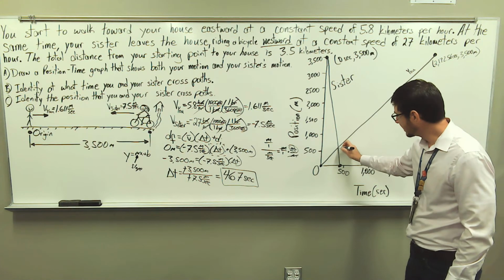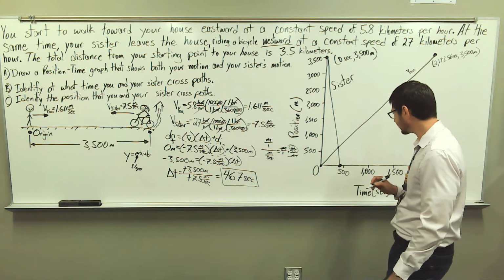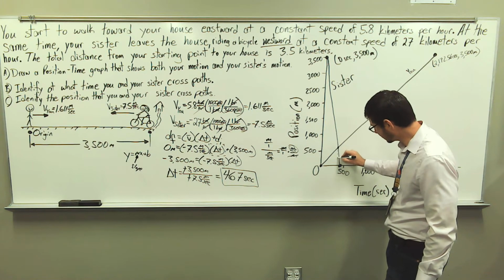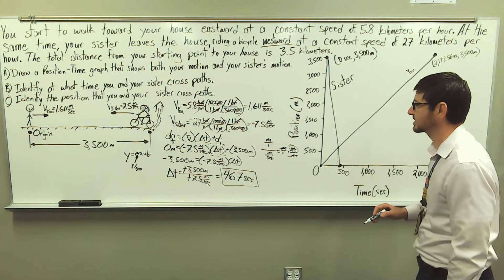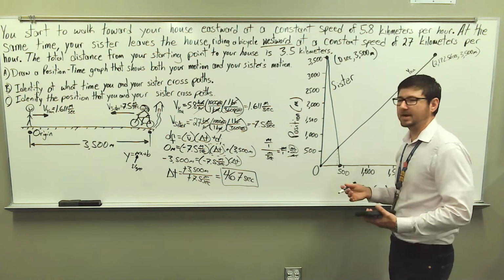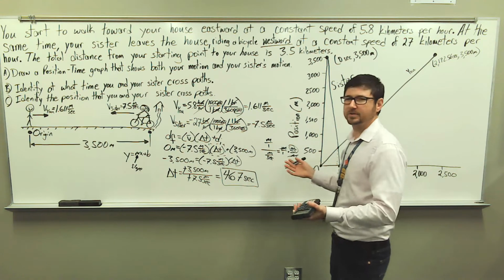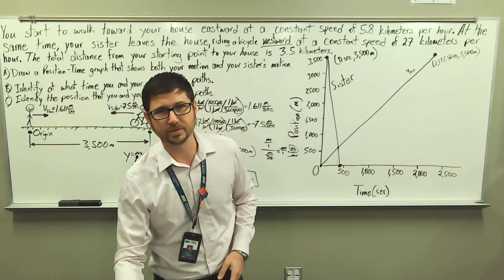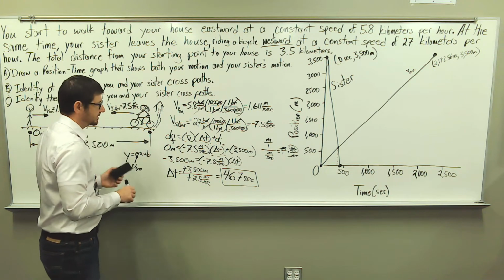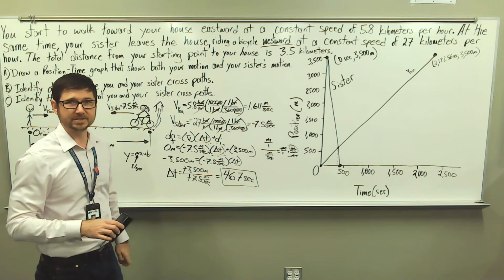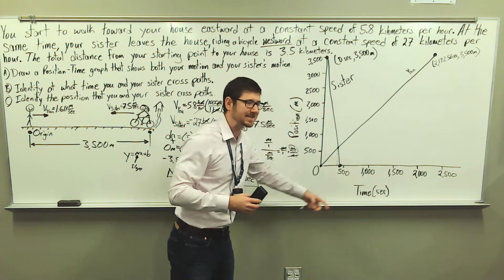We know that you and your sister cross paths right here, and we could say that's approximately around 400 seconds. But we don't want to approximate. What we want to do is calculate that, and we're going to do that by setting the equations equal to each other and solving for x. And in this case, x is time.